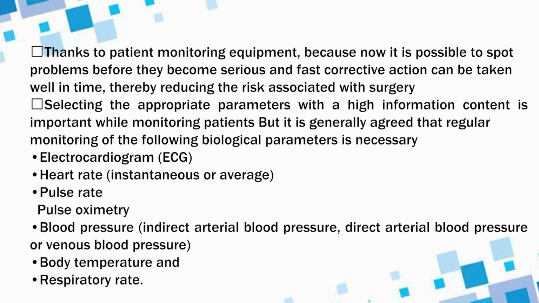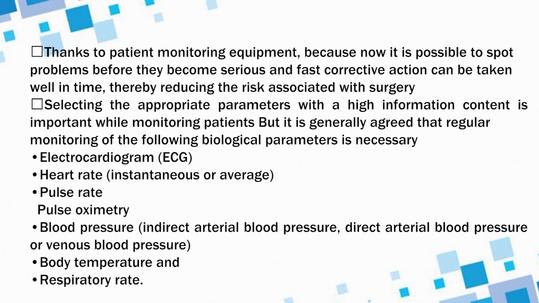Selecting the appropriate parameters with a high information content is important while monitoring patients, but it is generally agreed that regular monitoring of the following biological parameters is necessary. First one is electrocardiogram, in short we call ECG. Second, heart rate, which can be instantaneous or average.